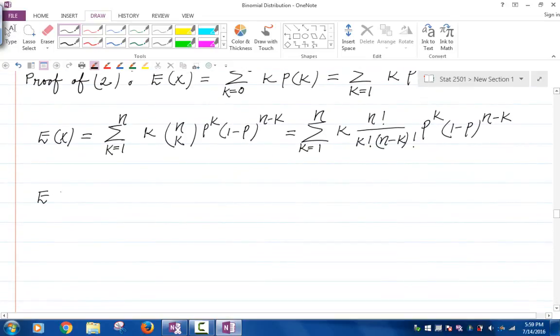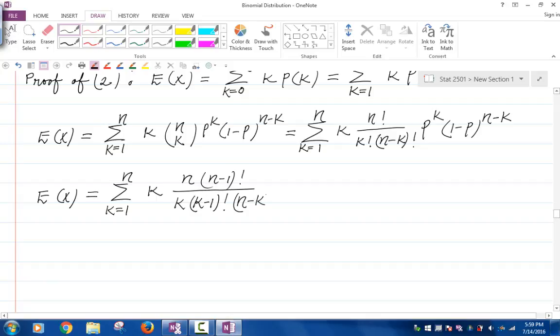So then I will further rewrite that as k going from 1 up to n, k, n factorial can be written as n times n minus 1 factorial. k factorial is k times k minus 1 factorial. And then I have n minus k factorial, p to the k 1 minus p to the n minus k.